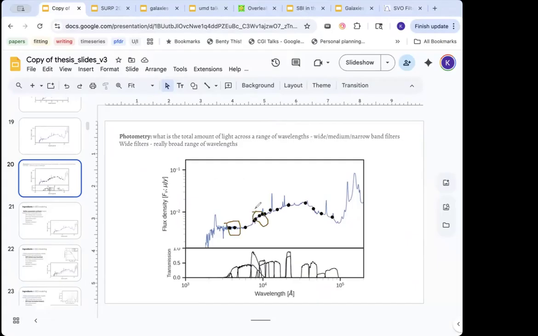So then you will put a filter that only allows light around 0.9 micrometer through. And then you will put another filter that only allows light around 2 micrometer through, right? And then you will be comparing between those two lights to tell you what's happening. So those are the filters that you can have, like medium band or wide band.